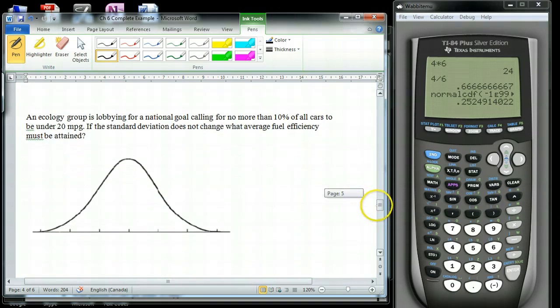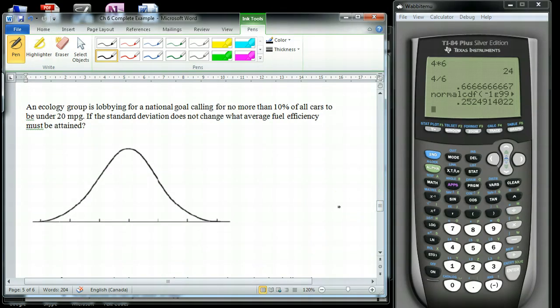Okay, an ecology group is lobbying. Lobbying means pushing for the national goal, calling for no more than 10% of all cars to be under 20 miles per gallon. If the standard deviation does not change, what average fuel efficiency must be attained?